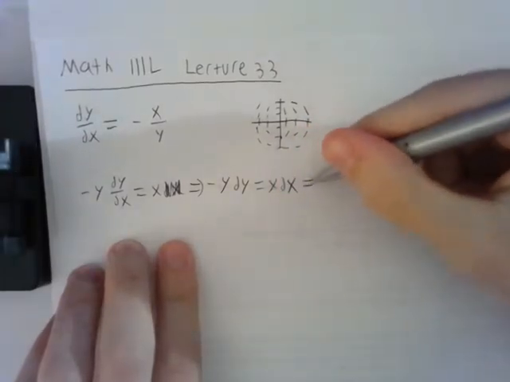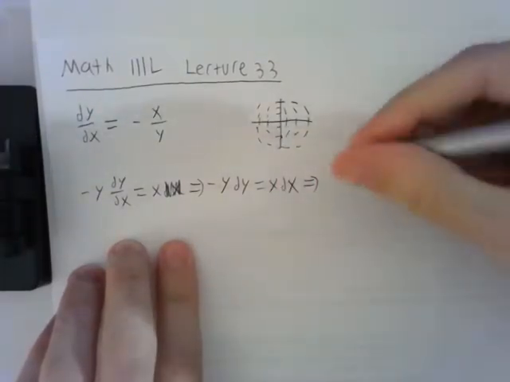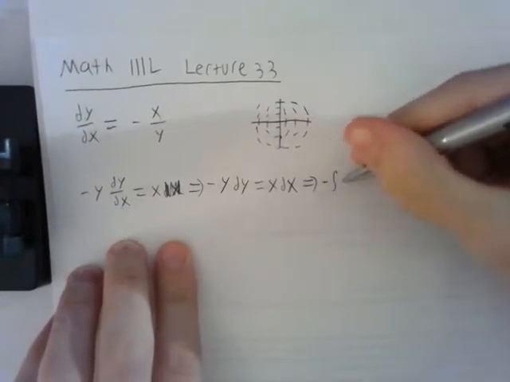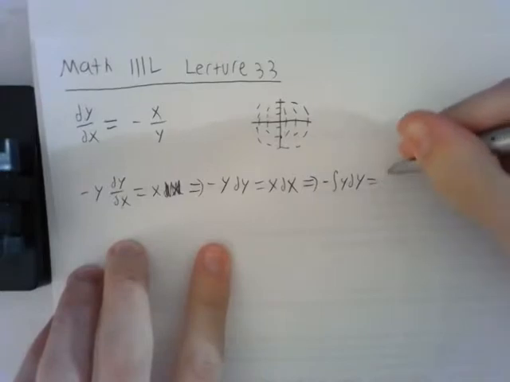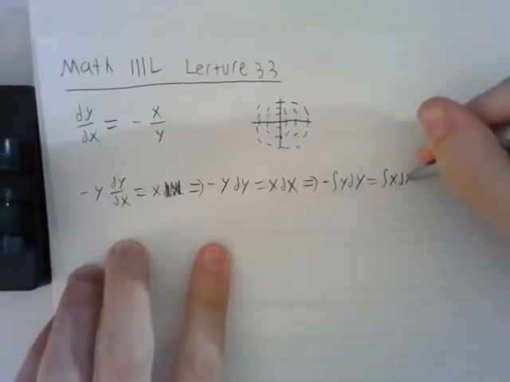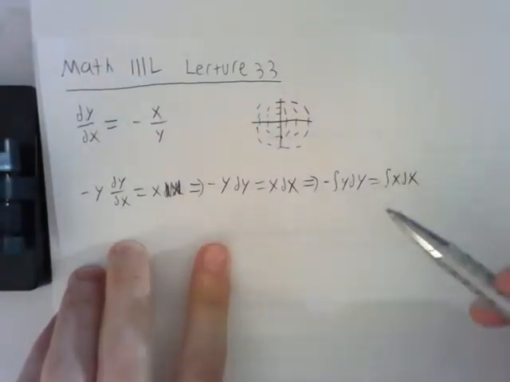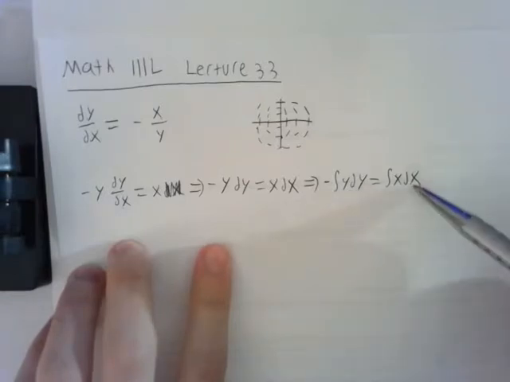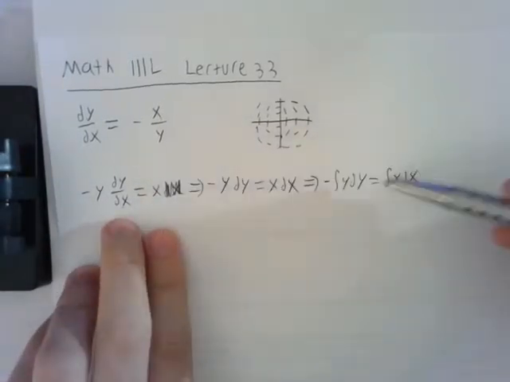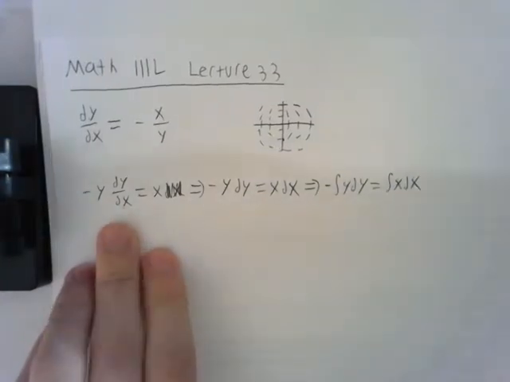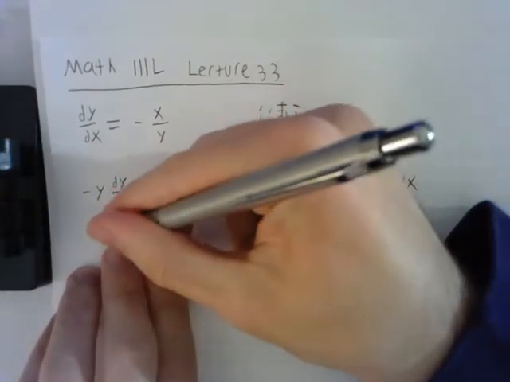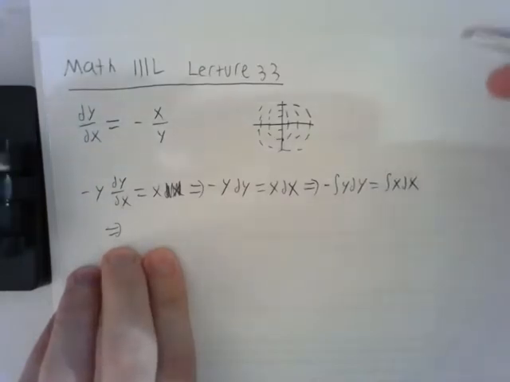Now that I have this, I can take the antiderivative of both sides, and I get the integral of negative y dy equals the integral of x dx. You'll notice that it worked out really conveniently. The dy and the dx that came from this derivative turned into the dy and the dx that we need in the integrals. And now I can take the antiderivative of both sides relatively easily.